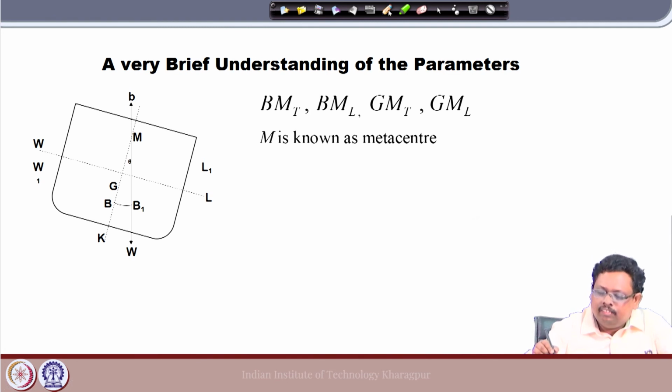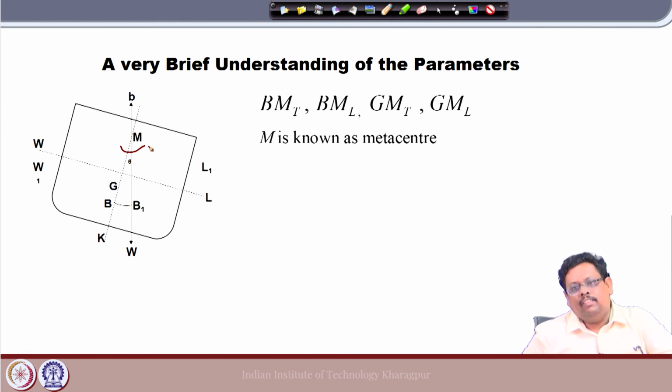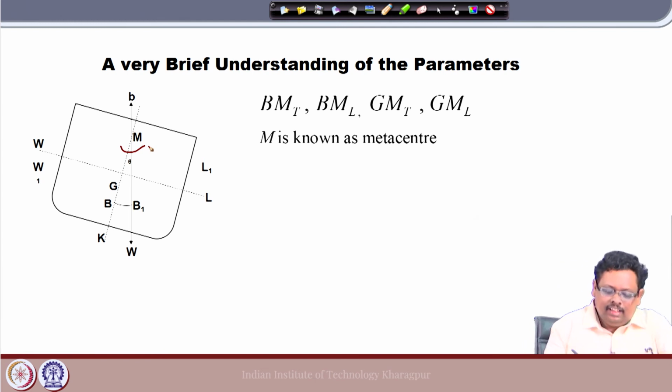To calculate this metacenter, we have an approximation: the tilting angle theta is small. If you tilt more, then it shifts more, and M will come down somewhere.